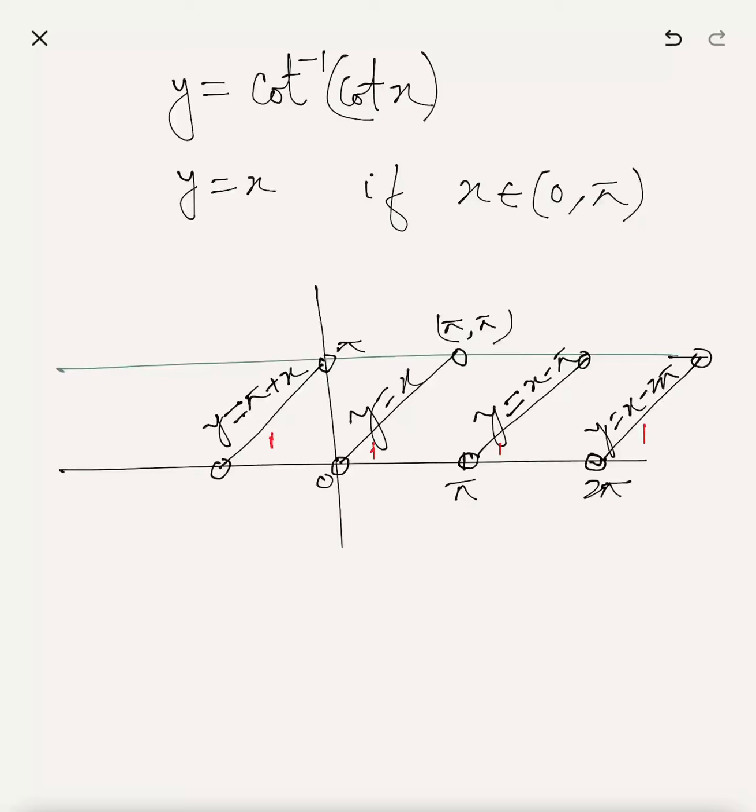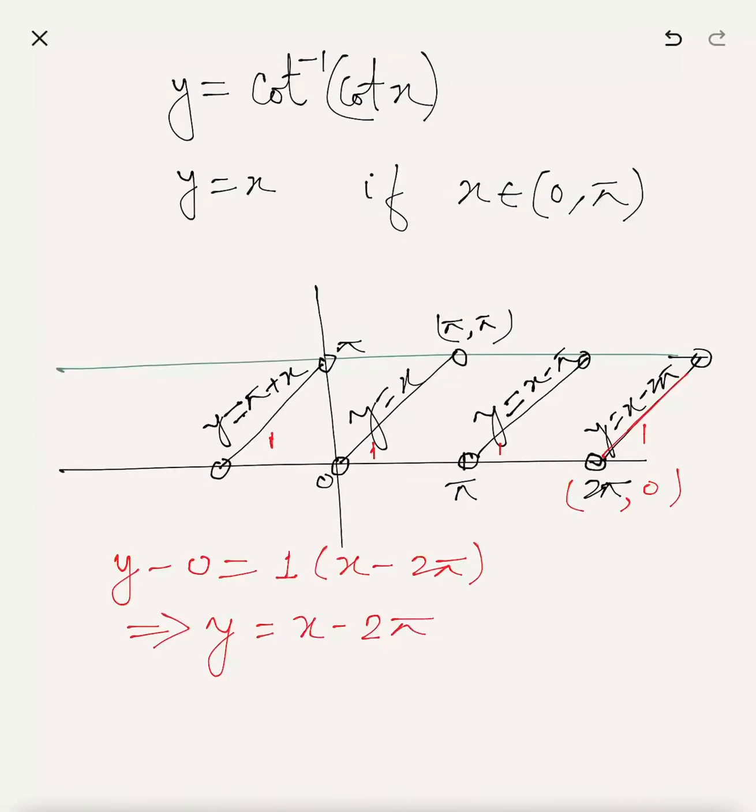Suppose you want to write the equation of this branch, how will you write? Here you will have 2 pi comma 0, isn't it? Since this is the x-axis, your y coordinate will be 0, so write it down. y minus y1 equals slope 1 times x minus x1. So what will be your equation? y equals x minus 2 pi.